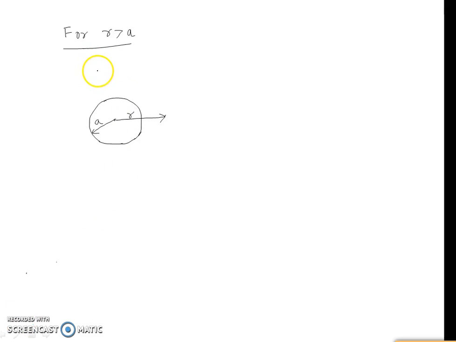Now we'll find out the electric field intensity for a point which is outside the spherical surface, that is for r greater than a. Let's say we want to find out the electric field intensity at this point by using Gauss law. So here again we can see that because of the symmetry in charge distribution, we can construct a Gaussian surface of radius r, but now this r is greater than a, and we'll apply Gauss law to this Gaussian surface.